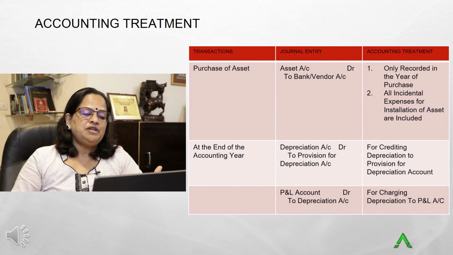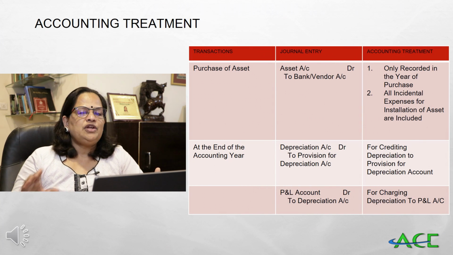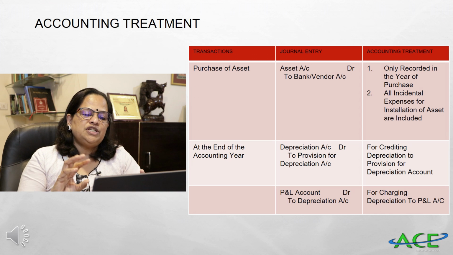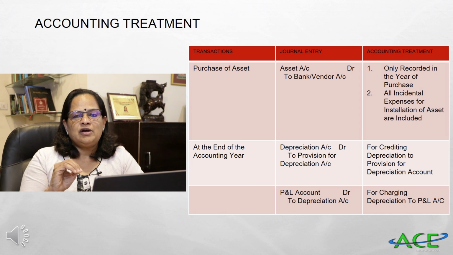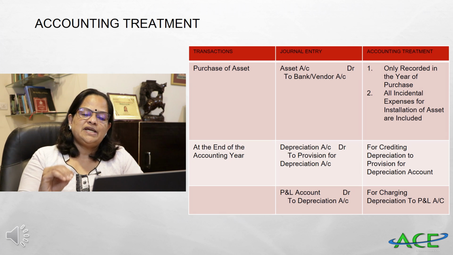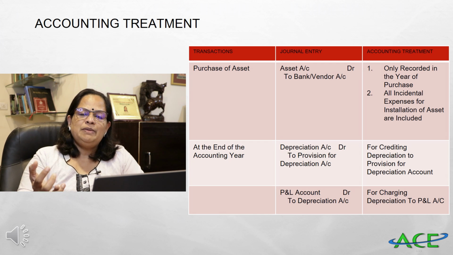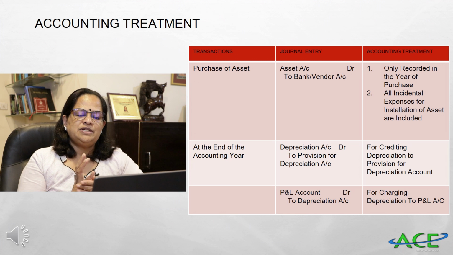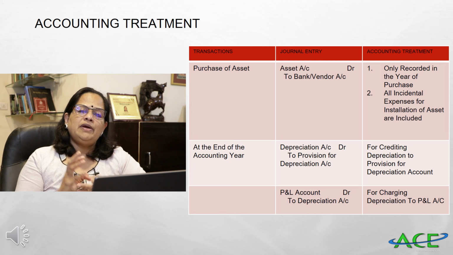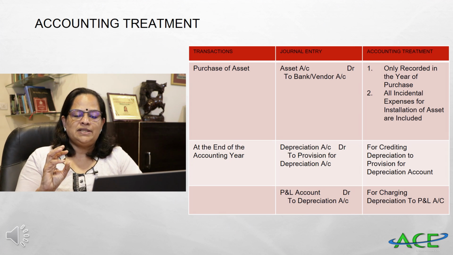Now the accounting treatment. For purchase of the asset, remember that only in the year of purchase this entry will come: asset account debtor to bank account or vendor account. Vendor account will come if it's a credit transaction. All incidental expenses for putting the machinery to use will be added to the machinery account or the asset account. Now at the end of the accounting year, two entries are there.